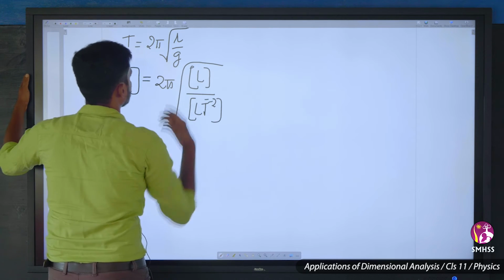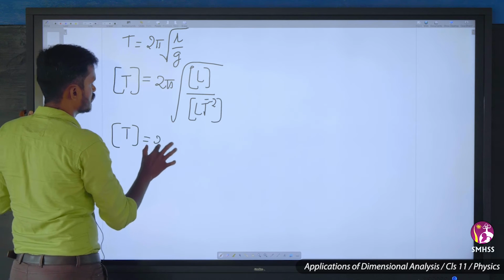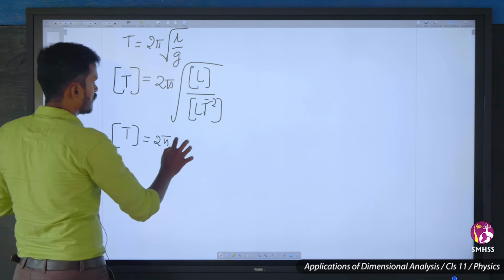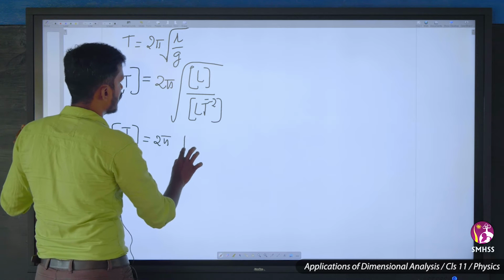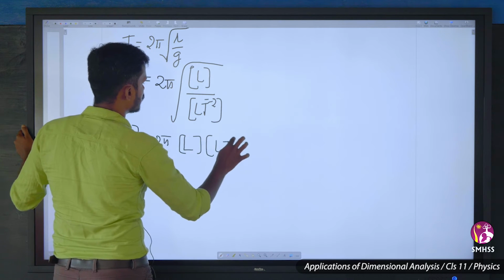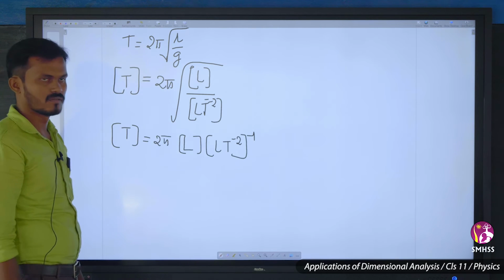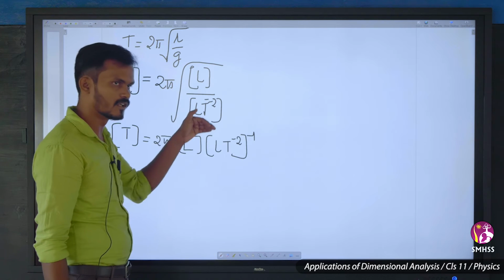So T equal to 2 pi root of L into (L T^-2) whole power minus 1, because it is in the denominator.